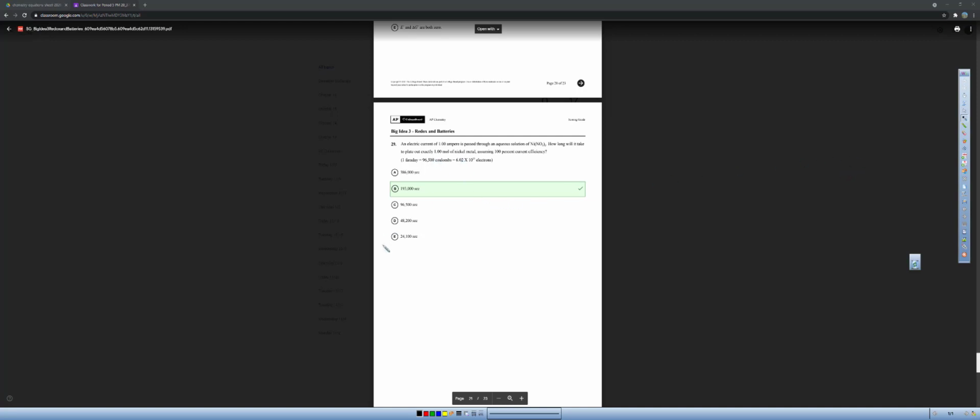So if I have 1 mole of nickel metal, and from this I see my charge for nickel is 2+. And so 1 mole produces 2 moles of electrons.